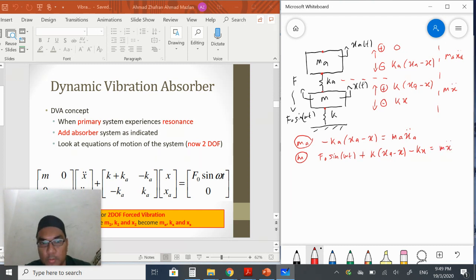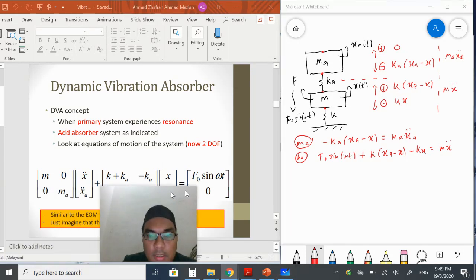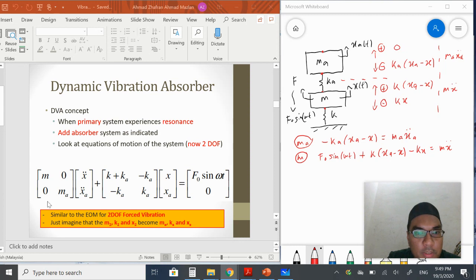By rearranging these two equations by acceleration, velocity and displacement, and by M and then MA, you will get this equation of motion in matrix form: the mass matrix with the accelerations X double dot and XA double dot, the stiffness matrix with the displacements, and also the force.